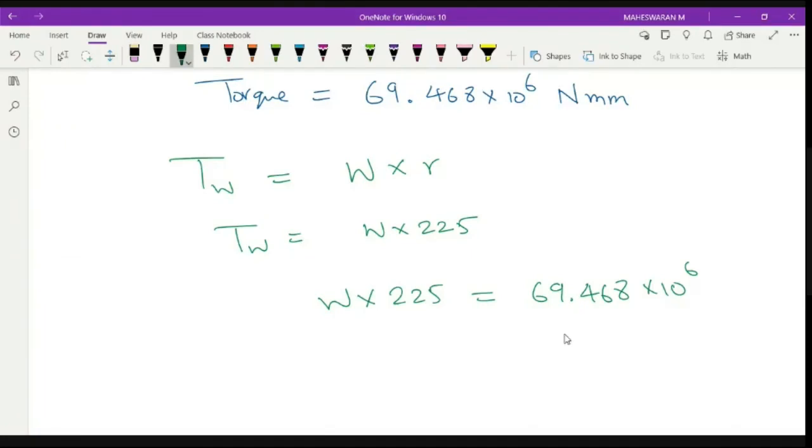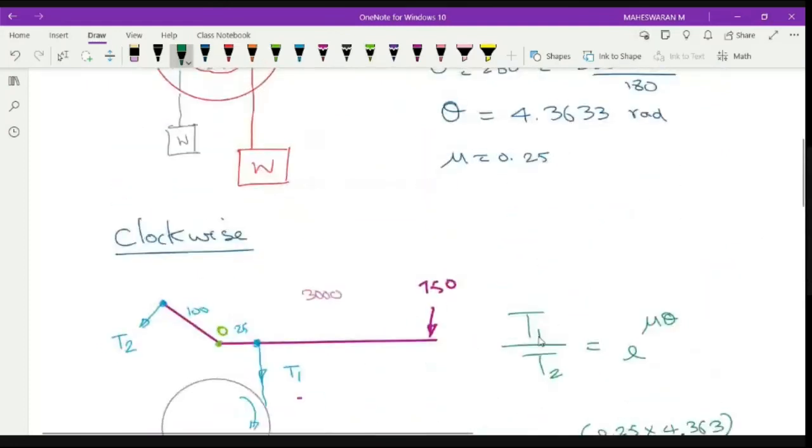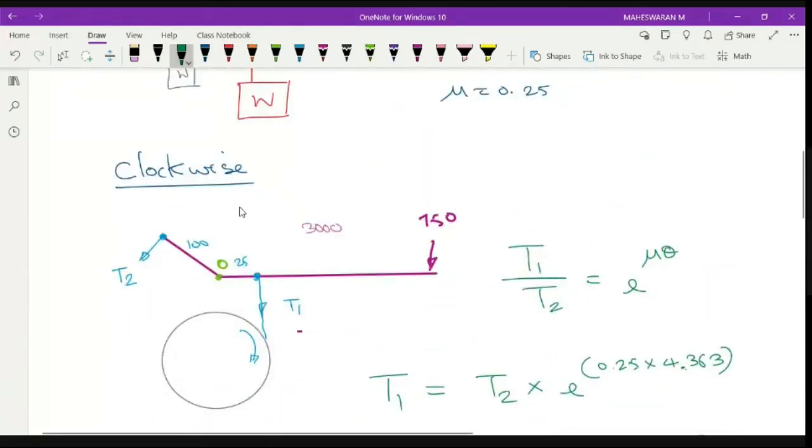So we equate them. We get 69.468 into 10^6 divided by 225, which gives 308.74 kilonewton. This is my W value. So we have identified W when it is rotating clockwise.